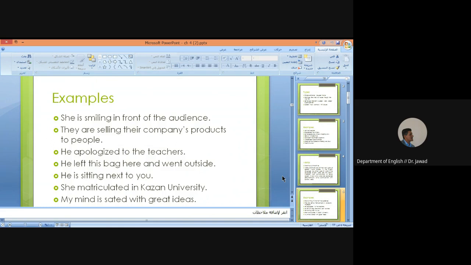Just one word constituting the past tense in English. The same is true of the other one. He left this bag here and went outside.